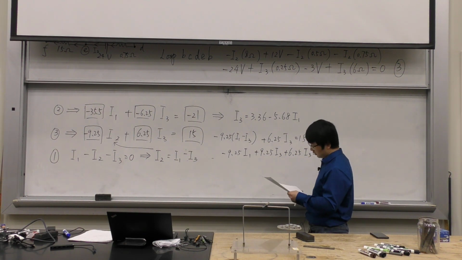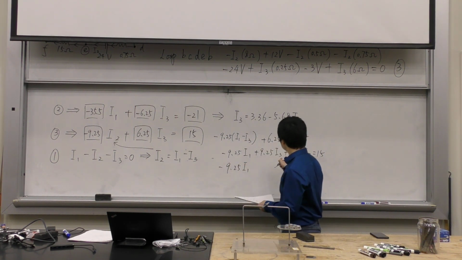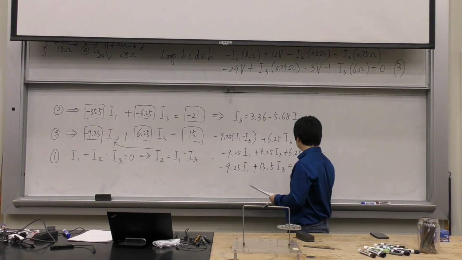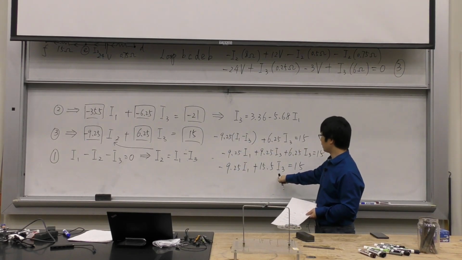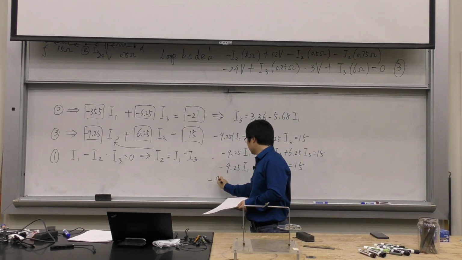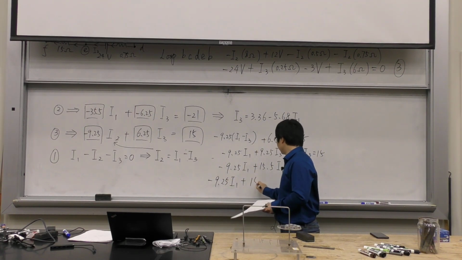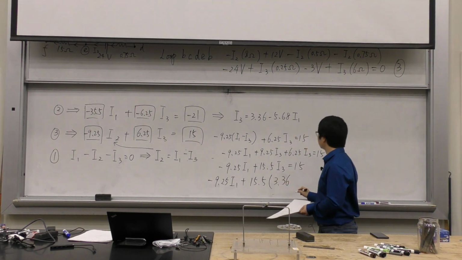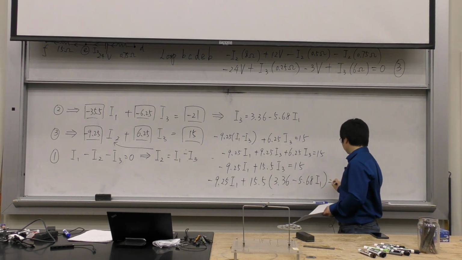You put this together. Put these two numbers together, I get 15.5 I3 equals 15. Now I'm going to plug this I3 into the equation I got, so I would get negative 9.25 I1 plus 15.5 times (3.36 minus 5.68 I1), and this whole thing equals 15.